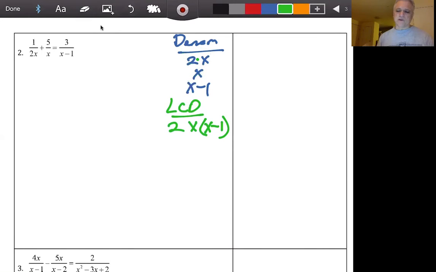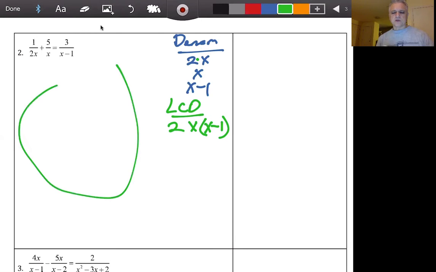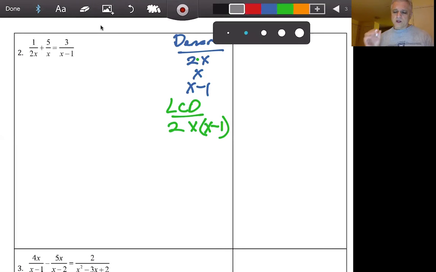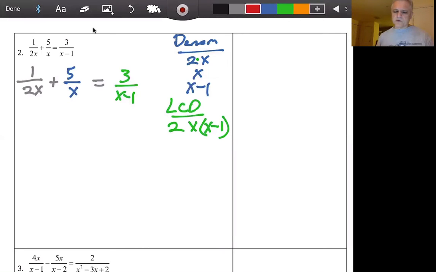You'll be able to graph it on your calculator, but you may have a little bit of trouble doing the part that we have to do here, which is going to be most of the credit for a question like this. So we're going to multiply every single one of these terms by 2 times x times x minus 1. Let's make this a little bit bigger, giving myself a little bit of room to write.